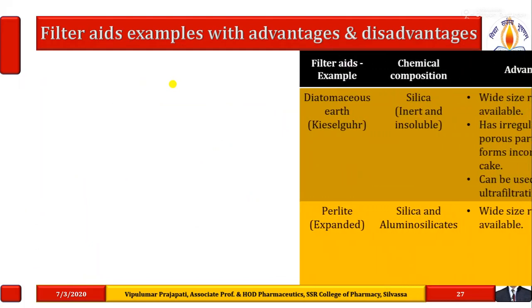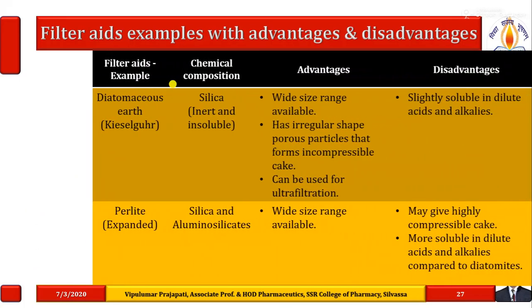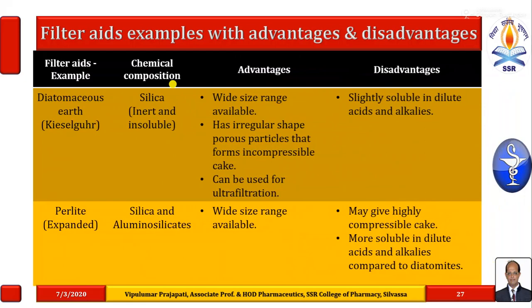Now we are discussing a number of examples of filter aids with advantages and disadvantages. First, diatomaceous earth, also known as Kieselguhr. Chemical composition: it is a silica mineral, inert and insoluble, with a wide size range available. This is the first advantage.